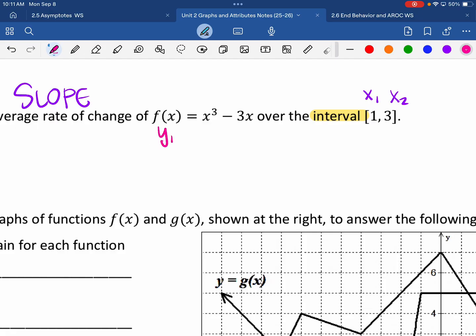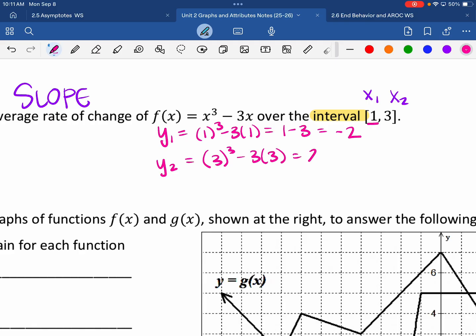So I'm going to plug in 1 into my function. So 1 cubed minus 3 times 1. So 1 minus 3, which is going to be negative 2. And then I'm going to plug in 3 to find my y2. So 3 to the third power is going to be 27 minus 3 times 3, which is 9, which is 18.